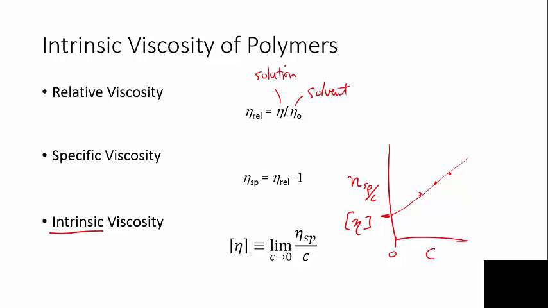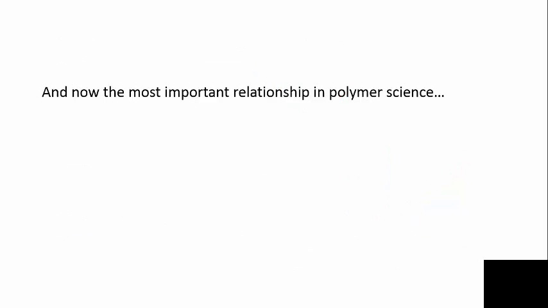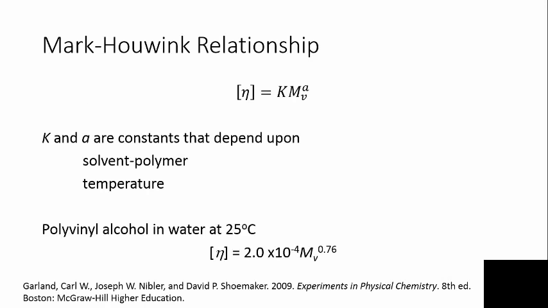Okay, so we want to find this because of the most important relationship in polymer science, the Mark-Houwink relationship, which tells us that the intrinsic viscosity of a polymer is related to the viscosity average molar mass of that polymer.